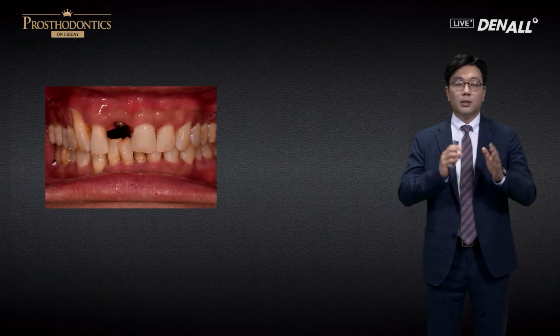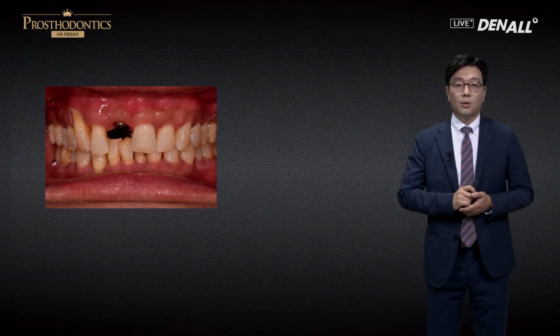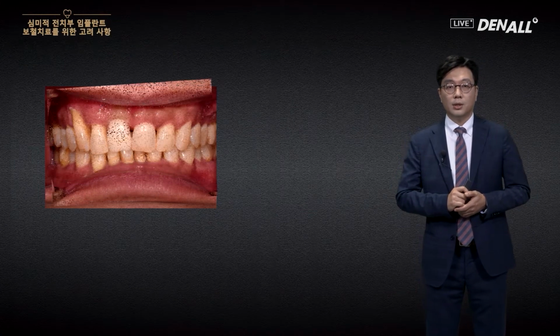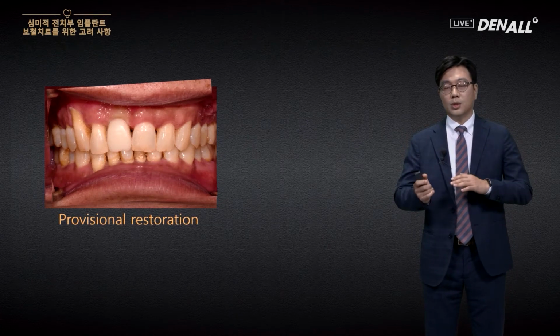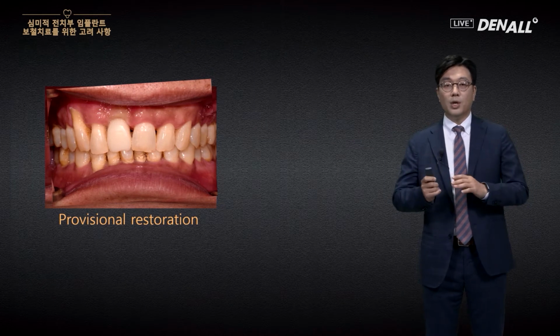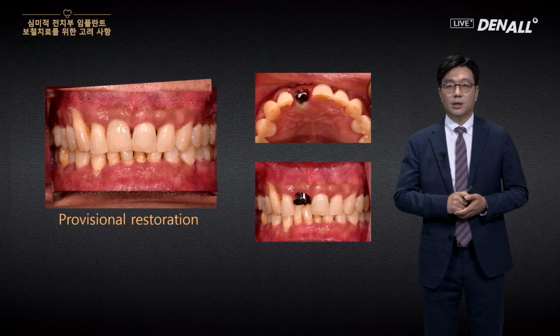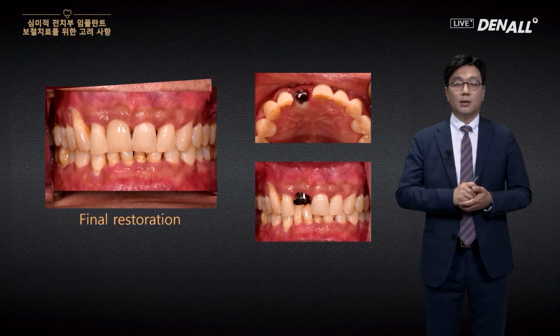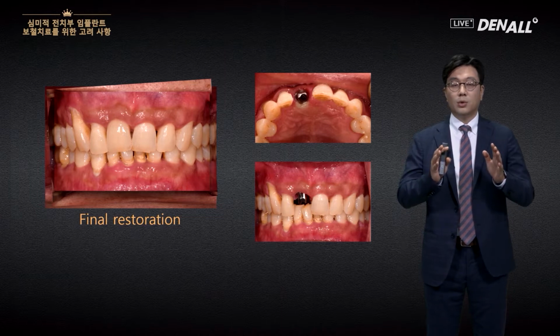If you look at a clinical case, this is the situation, and provisional restoration is done using that. If gingiva gets more stabilized, individual impression coping is made to take impression, and abutment is made. Final restoration. It looks simple, but not everything is so simple.